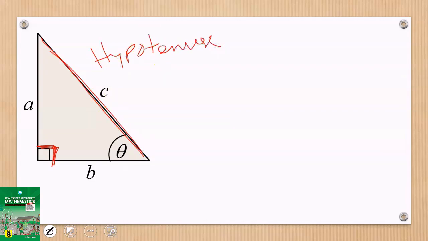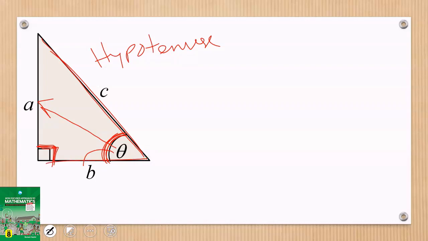And then once we make a reference of an angle, theta here, then the side opposite this theta, we call it the opposite side. And then adjacent to this side, we call it the adjacent side.